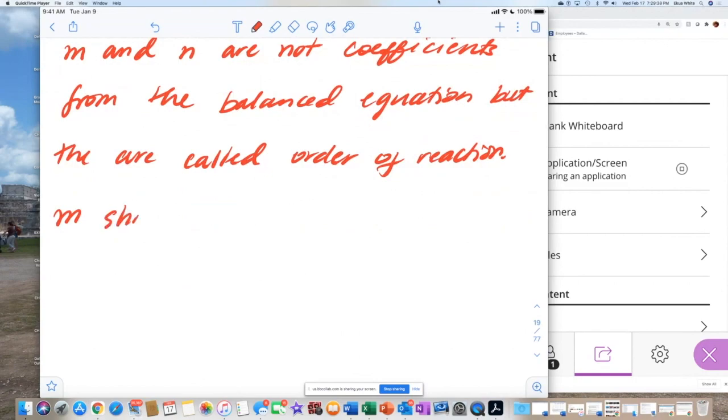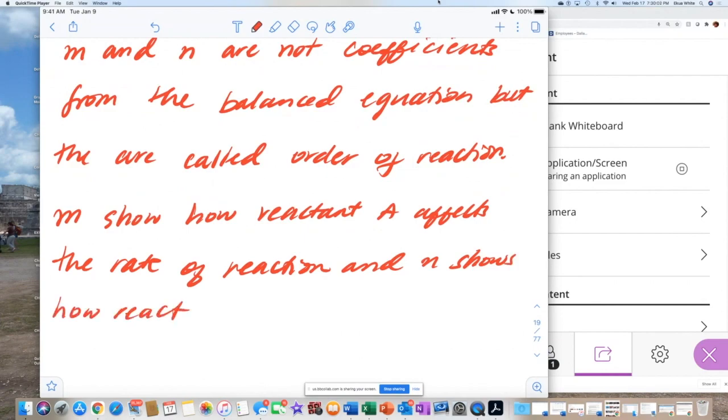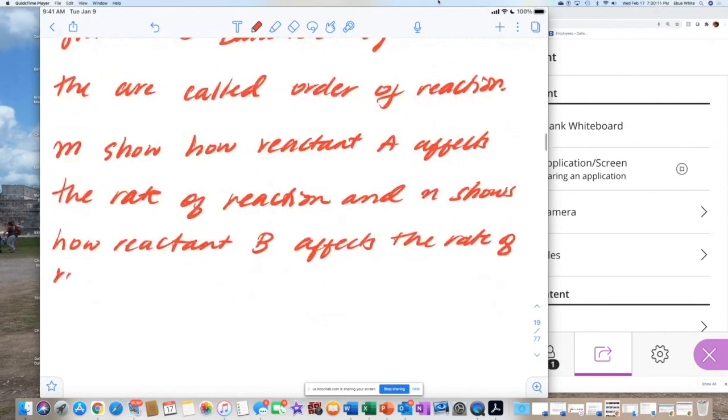M shows how reactant A affects the rate of reaction, and N shows how reactant B affects the rate of reaction.